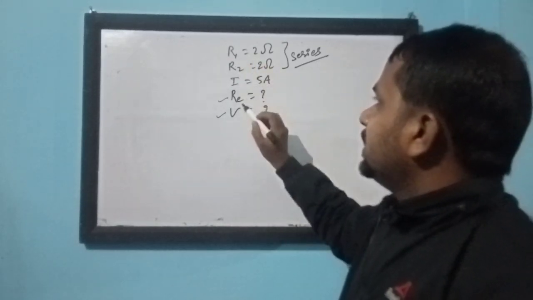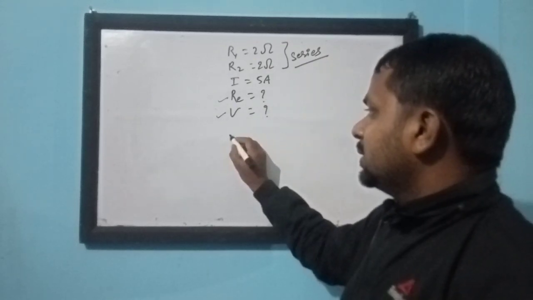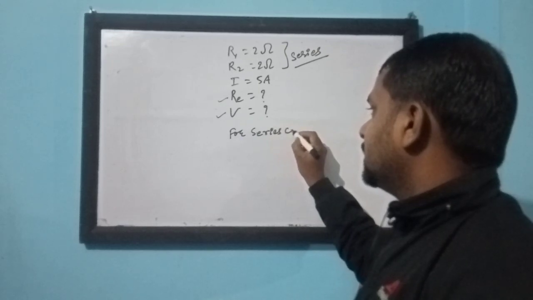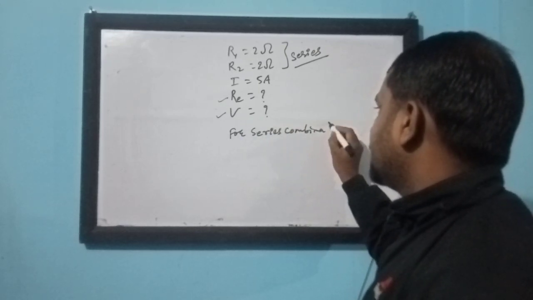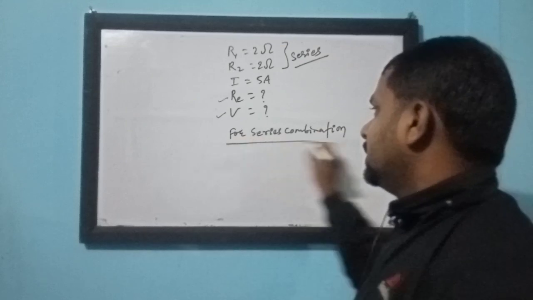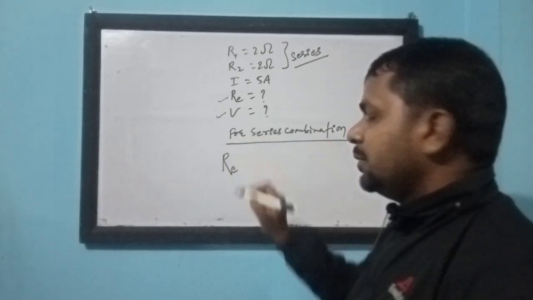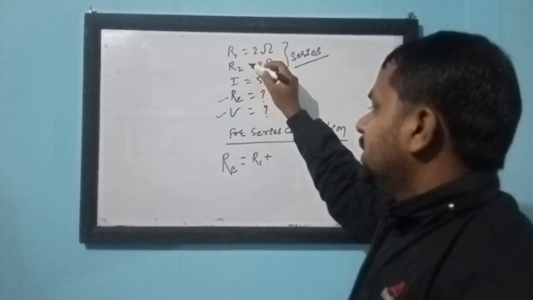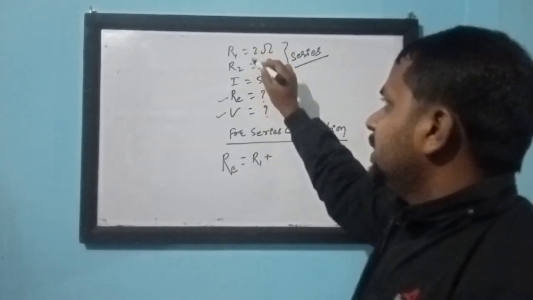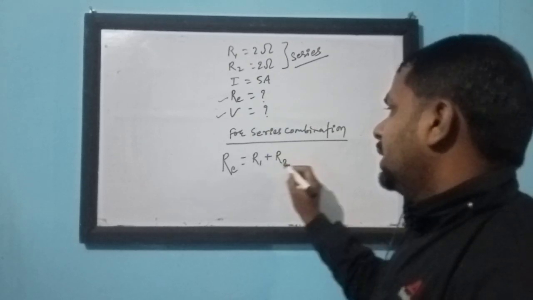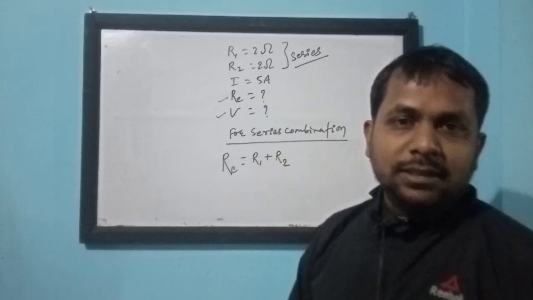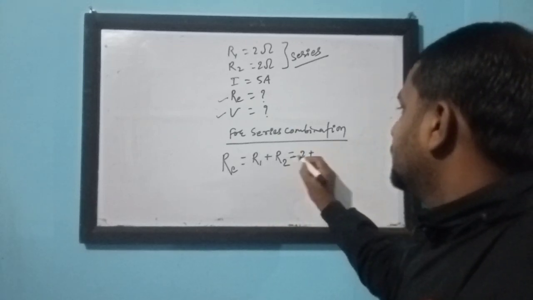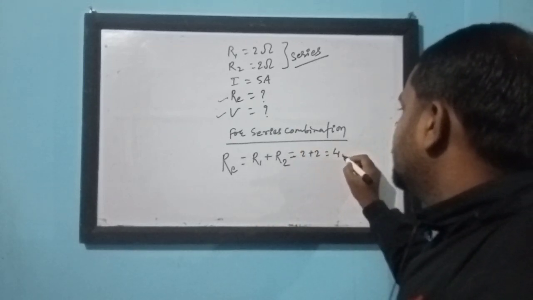R1 and R2 are given and it is a series combination, so we use the formula we have studied: for the equivalent resistance, we simply add the values of all the resistors. It will be 2 plus 2, which comes to 4 ohm.